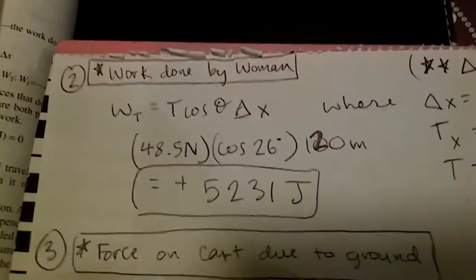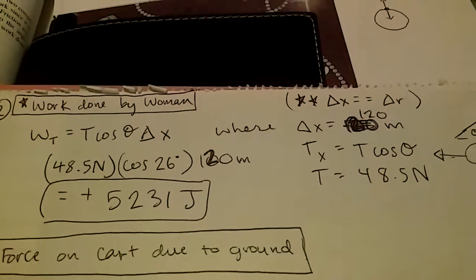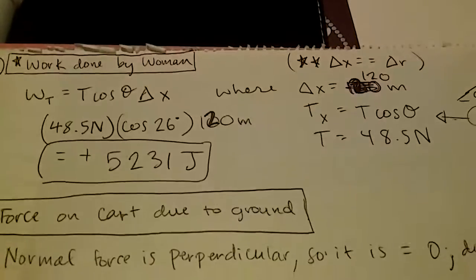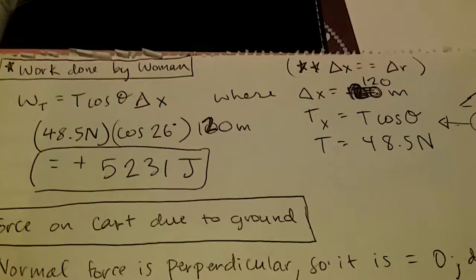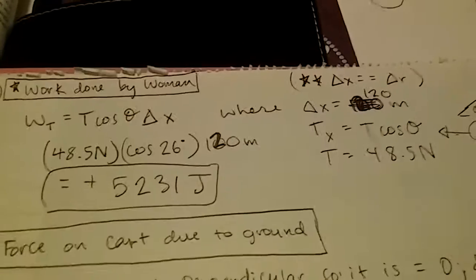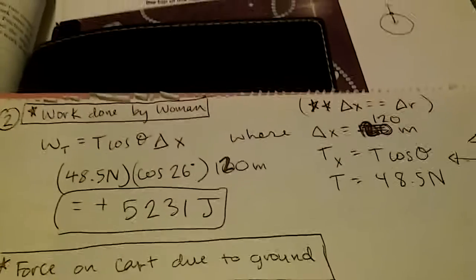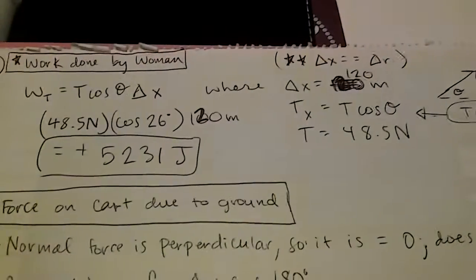And then I go on, do the work done by the woman. So I take work done by the tension force, and that's equal to T cosine theta and delta x, which I'm using, it's delta r, but I'm just using delta x. And that's where delta x is equal to 120 meters.